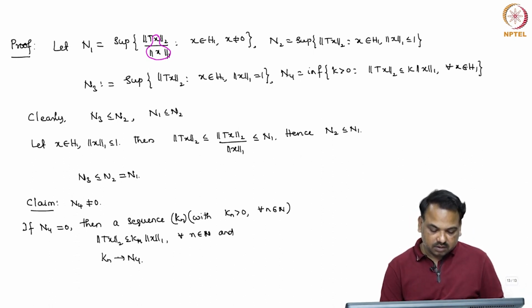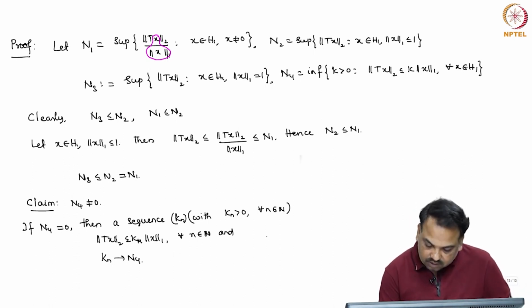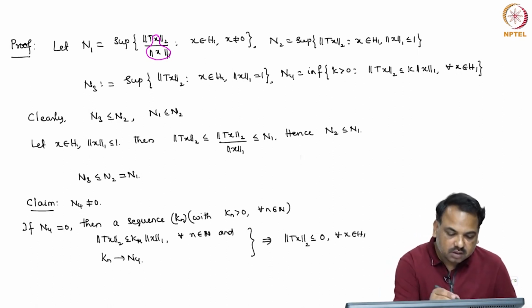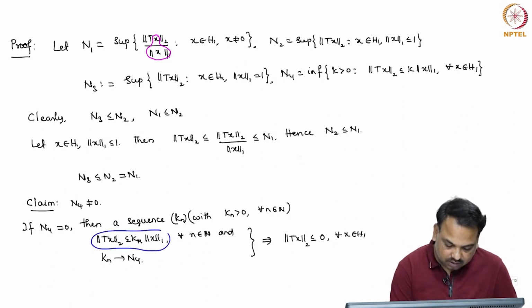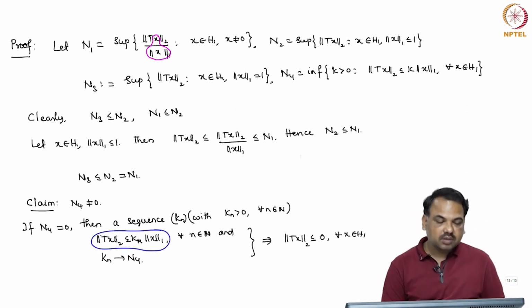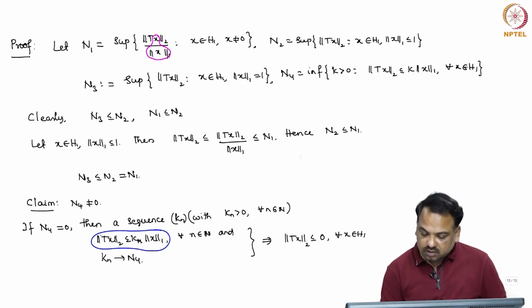Because of these two conditions, we can say that if n4 is 0, norm Tx is less than or equal to 0 for every x in H1. Just look at this statement. Once kn goes to n4, if n4 is 0, norm Tx is less than or equal to 0, but norm Tx is anyway bigger than or equal to 0.